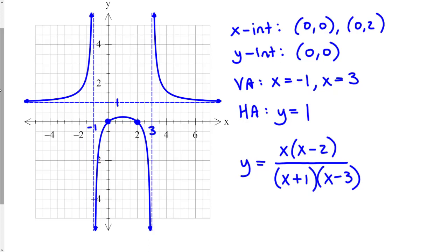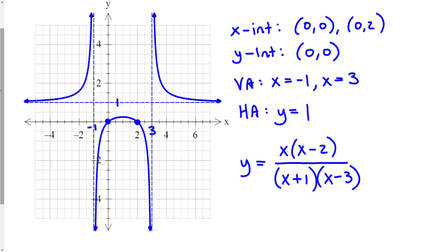Now my horizontal asymptote is pretty well taken care of. If you look at the degrees, the degree of the numerator is 2, because I have 2 zeros there, and the degree of the denominator is 2. So the degrees are equal.